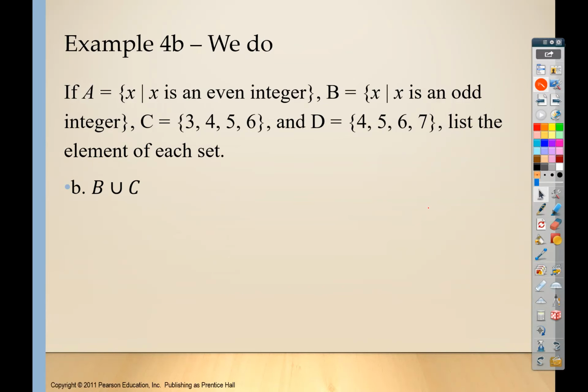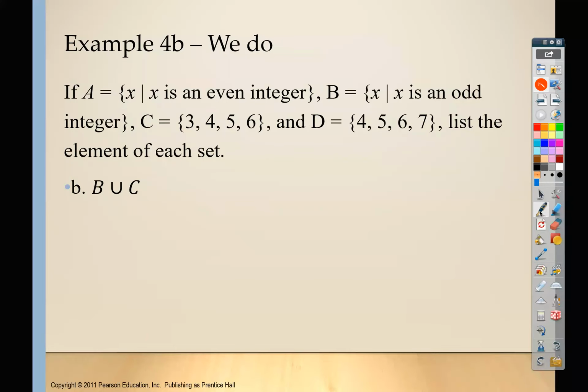Okay, 4B says if A is an even integer, B is an odd integer, and C equals 3, 4, 5, 6, and D equals 4, 5, 6, and 7, list the elements of each. Okay, so B union C. So we're looking at all odd integers, and then 3, 4, 5, 6.